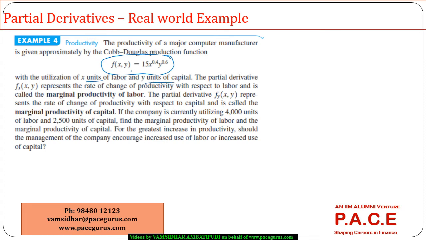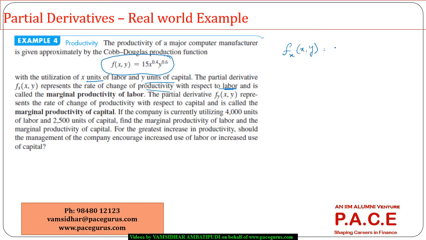So for a company, this is the production function, 15 times x to the power of 0.4 and y to the power of 0.6. The partial derivative represents the rate of change of productivity with respect to labor. So what is the partial derivative in this case with respect to x?